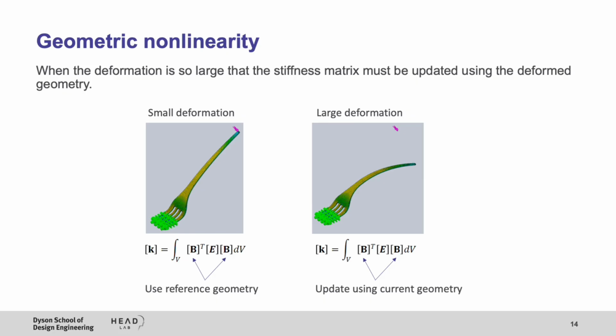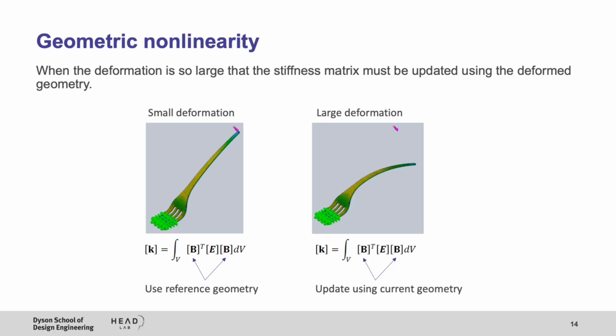And finally, geometric nonlinearity refers to situations when the deformation is so large that the stiffness matrix must be updated using the deformed geometry, not the initial geometry. Here you can see a plastic fork under lateral loading.